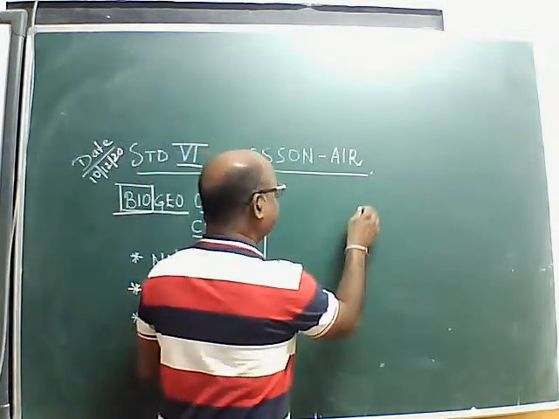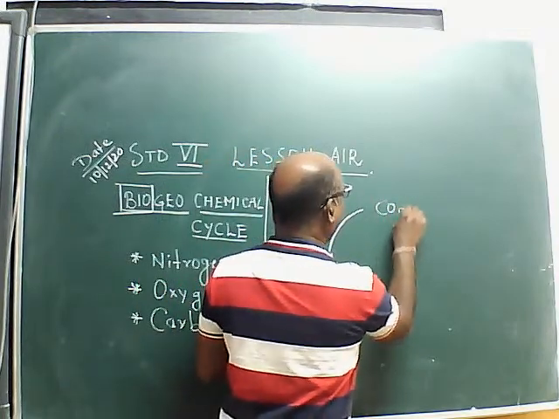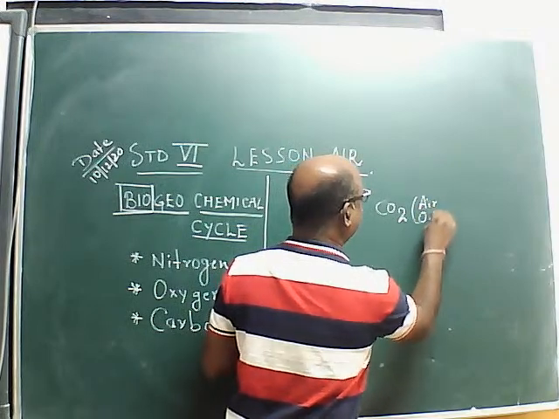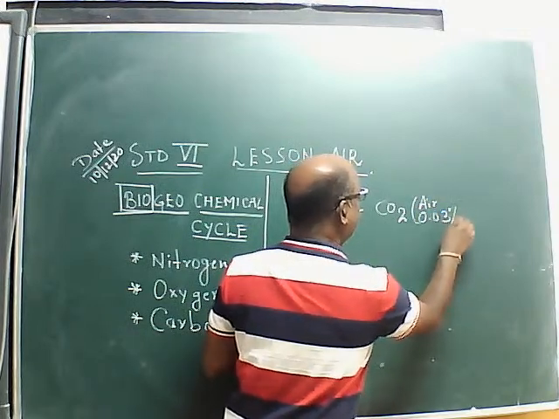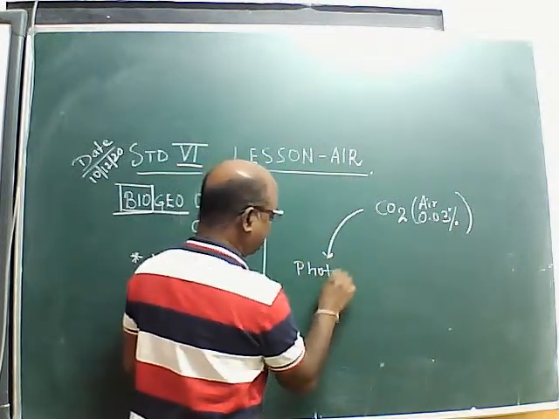You know that the percentage of carbon dioxide in the air is 0.03%. It is used by the plants in the process of photosynthesis.